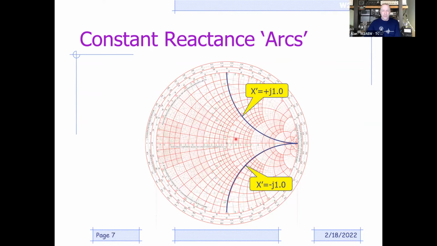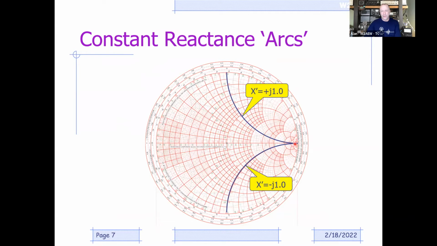Now the rest of the curves on here are these arcs. You see these arcs going up this way and arcs going down that way. Again, they're all tangent to that open circuit point here. Each of these arcs, and you can see a couple of different families of them, represent different values of either inductive reactance or capacitive reactance.